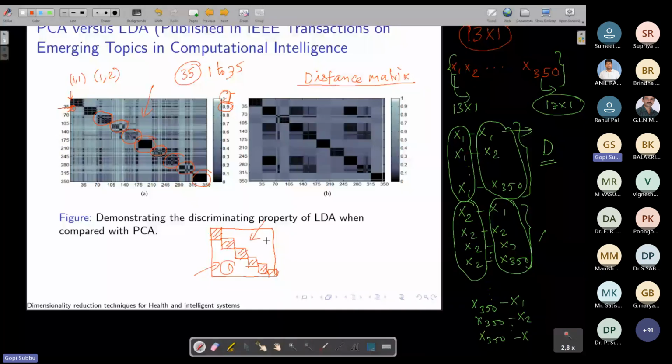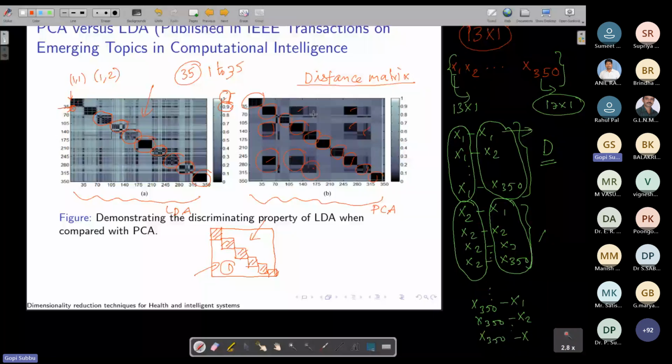See, this is the one done using PCA, and this is the same distance matrix projected using LDA. You can see that LDA is doing far better compared to PCA, because these are all places where we don't like to have zeros. This needs to be brighter. We wanted the diagonal dark, that is fine, but there are still other places where we are getting dark, so that is not acceptable.